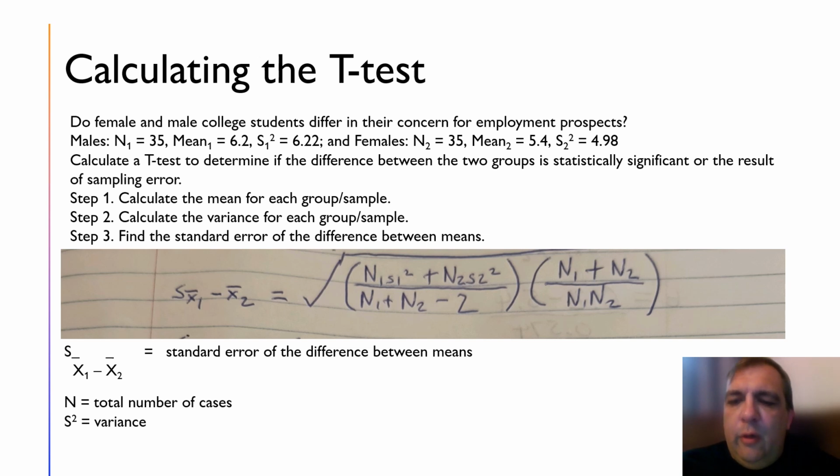And the only thing that goes into the actual calculation itself are the total number of cases for group 1 and group 2, represented by N1 and N2, and then the variance, which is S squared, for both group 1 and group 2. So let's move on and take a look at how we would take the provided information for us and plug it into this formula.